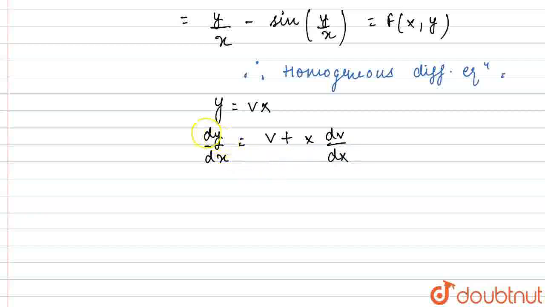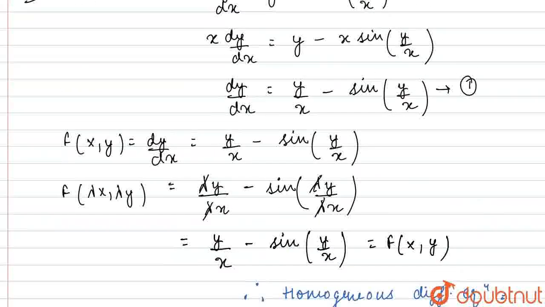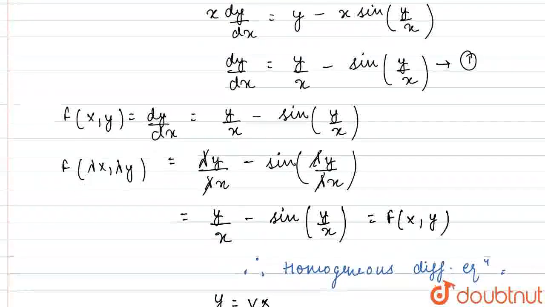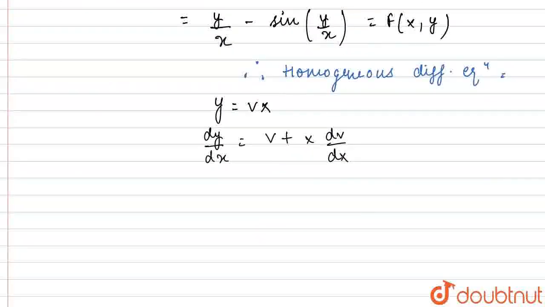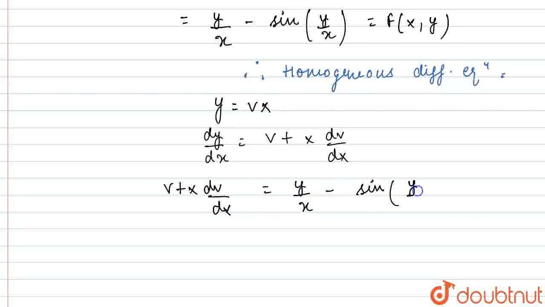Now I'll put the value of dy by dx in this first equation, so this will become v plus x times dv by dx is equal to y by x minus sine of y by x. Now again, y by x is nothing but v, so I'll put this here.